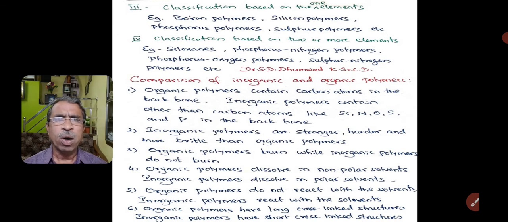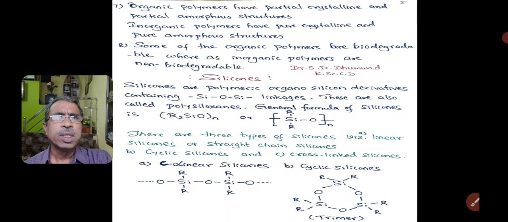Sixth point, organic polymers have long cross-linked structures. Inorganic polymers have short cross-linked structures. The seventh, organic polymers have partial crystalline and partial amorphous structures, whereas inorganic polymers have pure crystalline and pure amorphous structures.